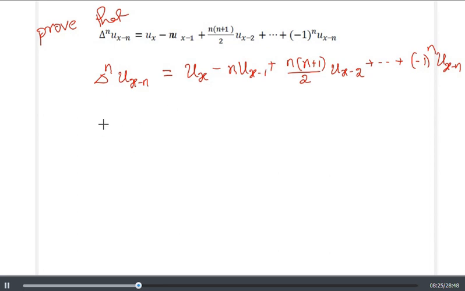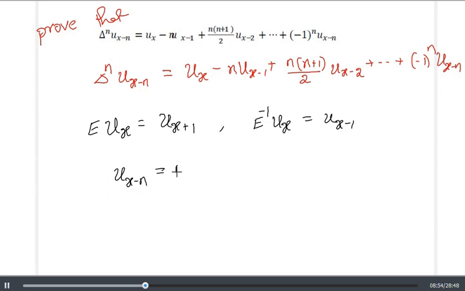So here we should understand it this way: E acting on u_x, you must take it like this, this is u_(x+1), like how we are giving suffix to y, like y_i, and similarly we need to treat this. Suppose you have E to the power of minus 1 acting on u_x, you must assume that this is the same as u_(x-1). Suppose you have u_(x-n), that can be expressed as E power minus n acting on u_x. It is not the average operator, just u, like how we treated y there.